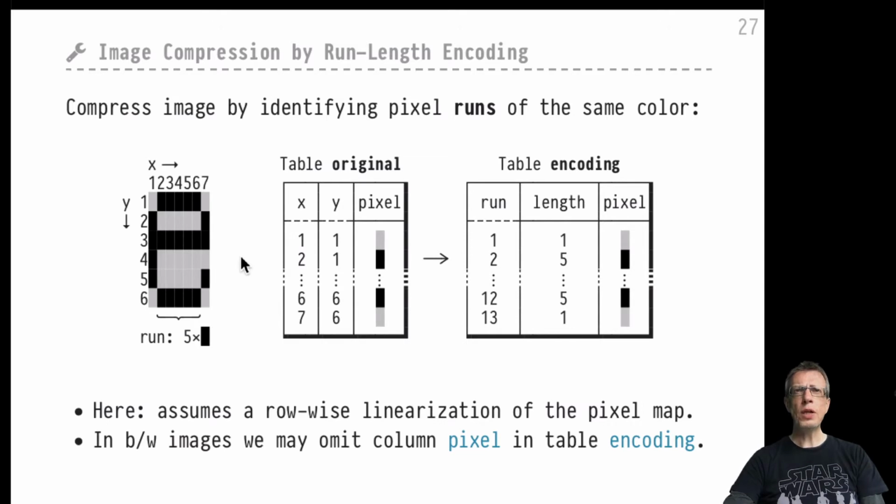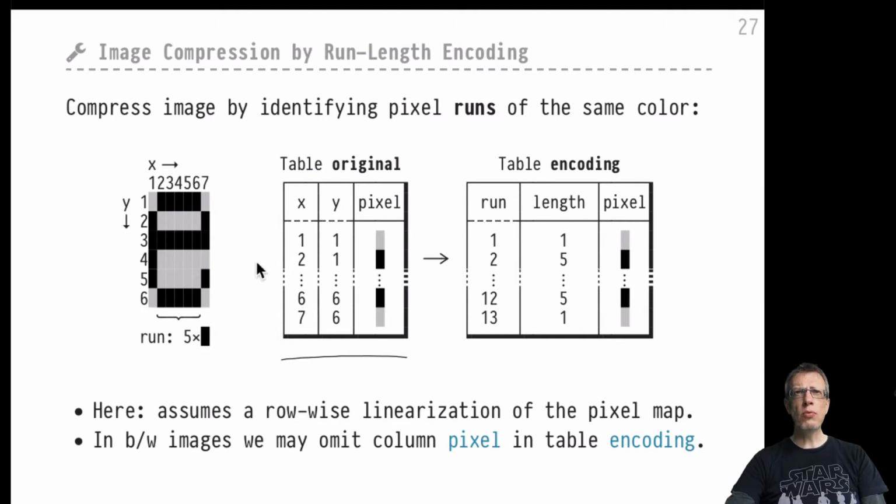There's an obvious method to store such pixelated 2D graphics in tabular form, and that could be the table original. That would be considered the input to the computation that we are trying to perform.